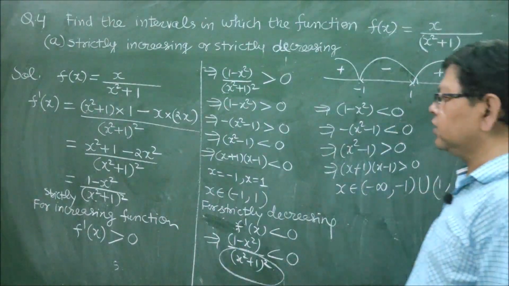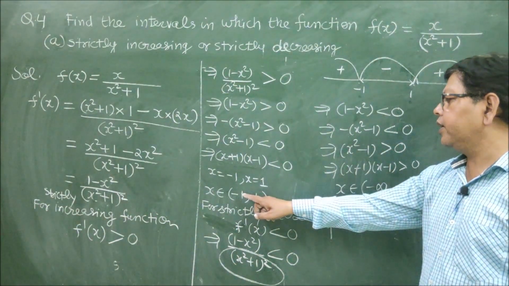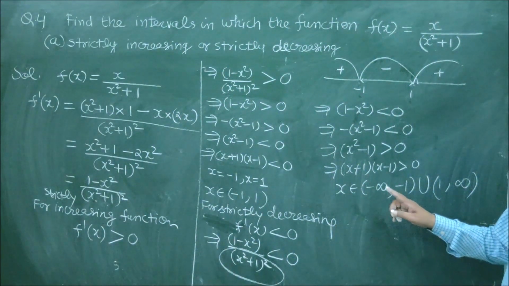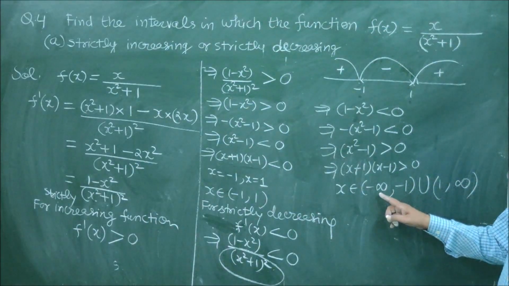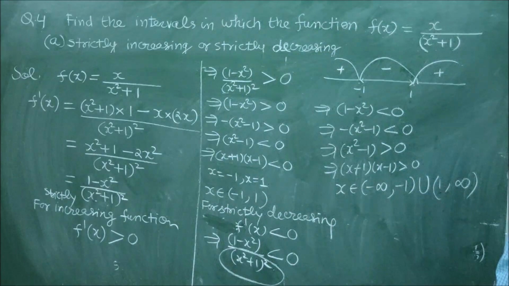So the given function is strictly increasing when x lies in the open interval minus 1 to 1, and it is strictly decreasing when x lies in the open interval minus infinity to minus 1 union 1 to infinity.